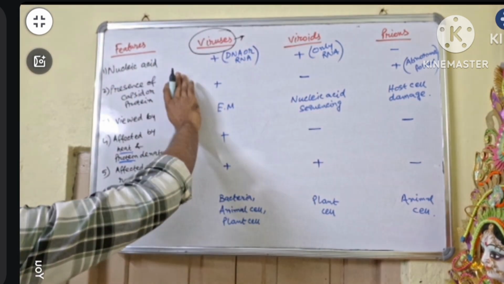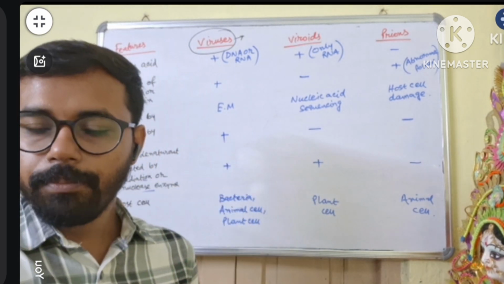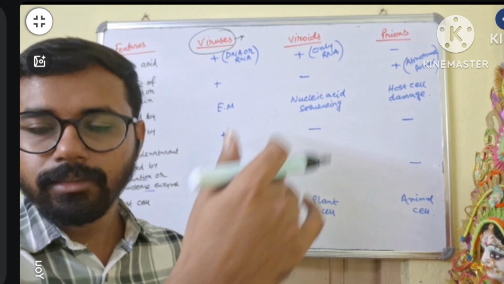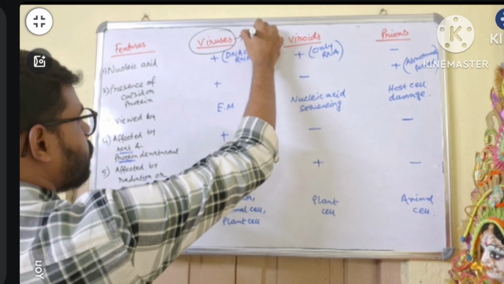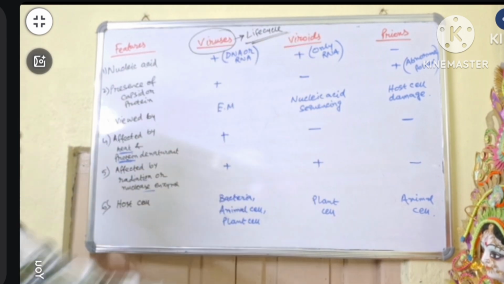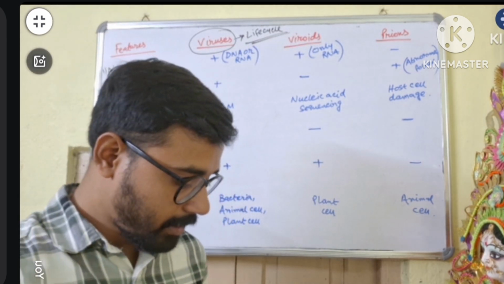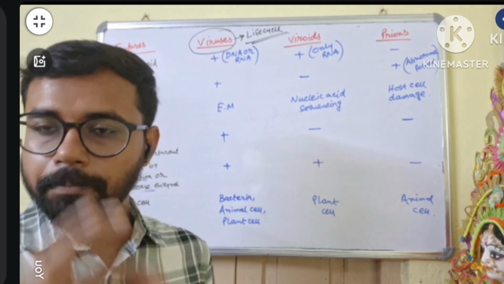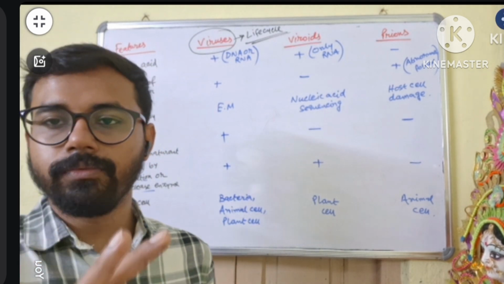That is not covered here. Here we cover the discovery, structure, and general idea, but the life cycle is still not covered. The life cycle of viruses will be in the next class, and specifically we will discuss the life cycle of a simple virus, the bacteriophage life cycle.